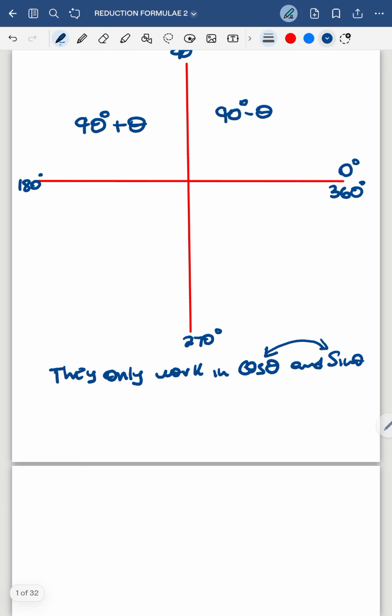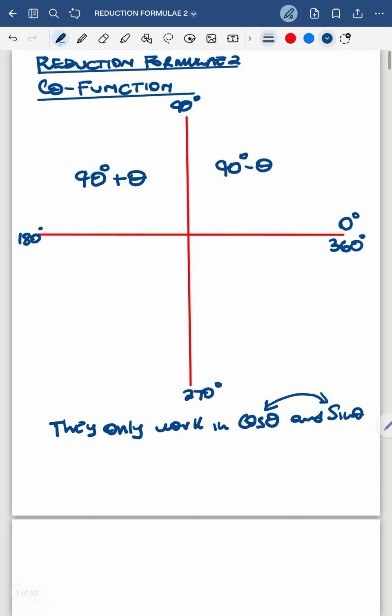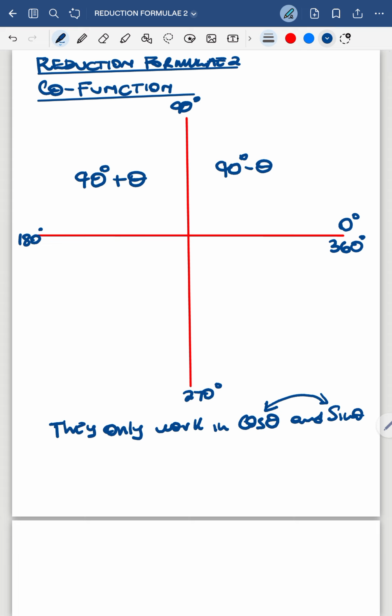They're equal in this form. Now I want us to know that cosine theta is positive here and sine theta is positive here.